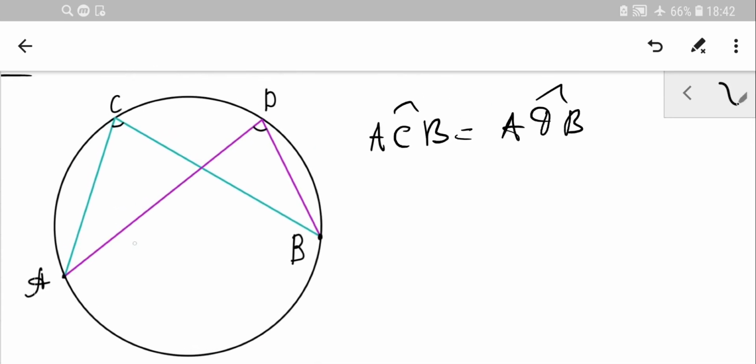Basically, if you fix two points, where the two arms of the angle lie, you can take any point on the circle, and the degree measure for all inscribed angles will be equivalent to each other. That's the main idea. And the inscribed angle is, of course, twice less than the measure of the central angle.